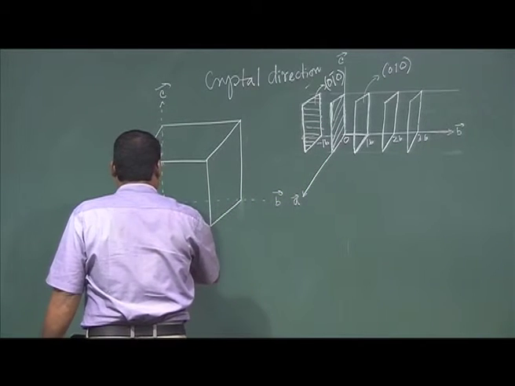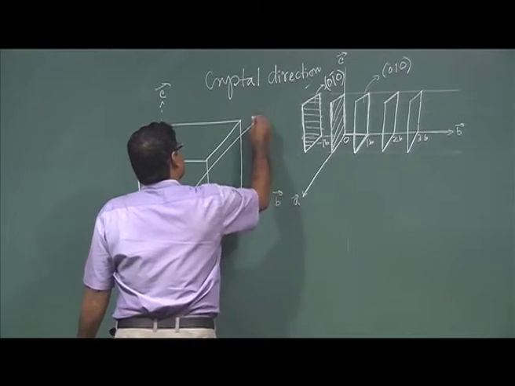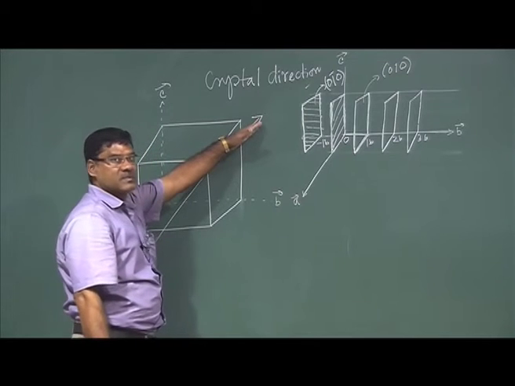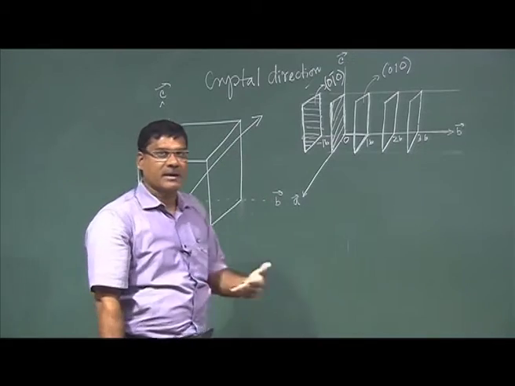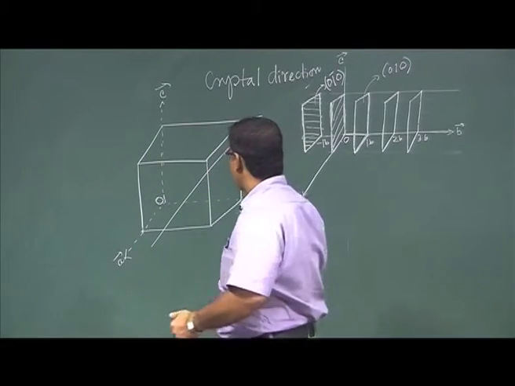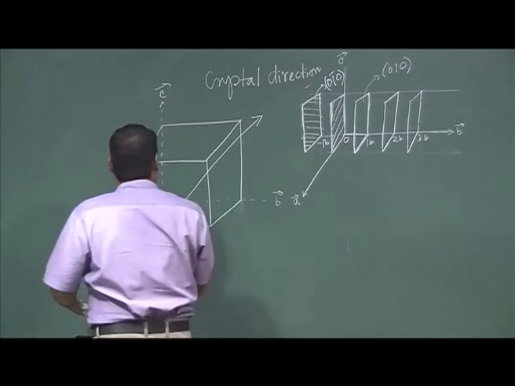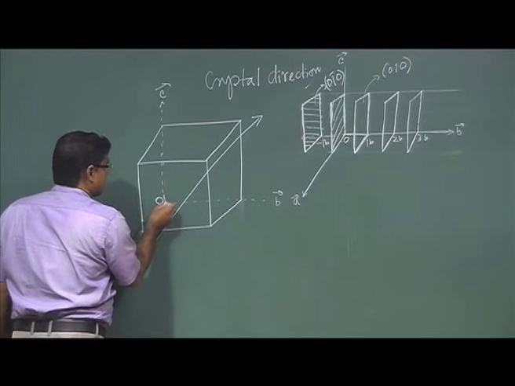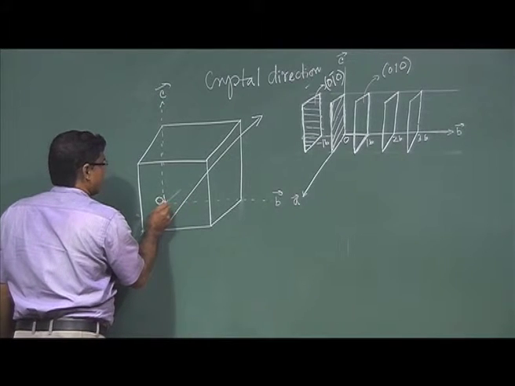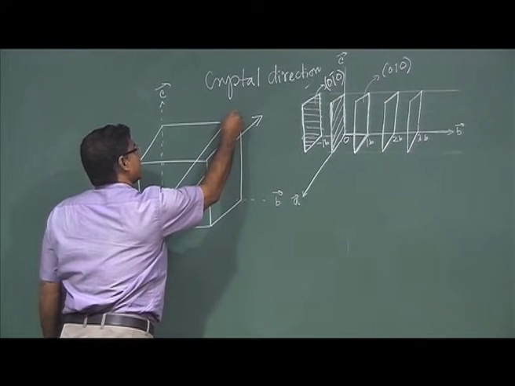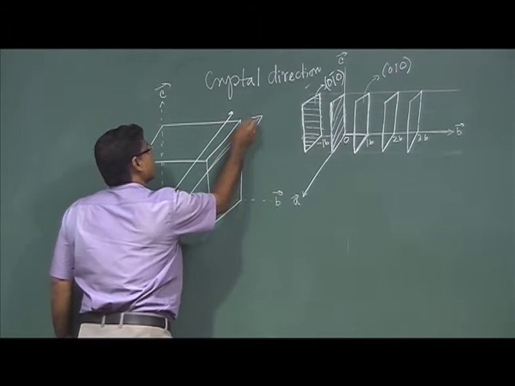and if you want to find out the direction in the crystal, this is the direction you want to find out, okay. So, to find the direction of the crystal, wherever the line you have drawn, we can take a parallel line which will pass through the origin.